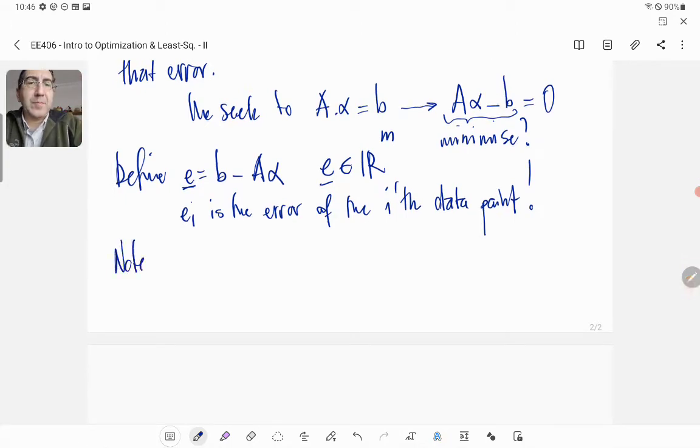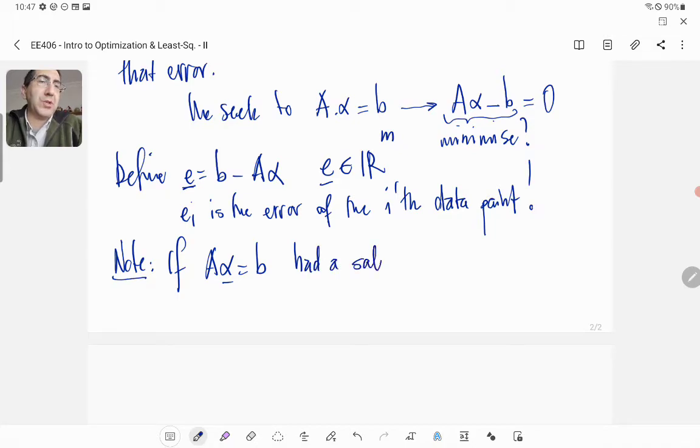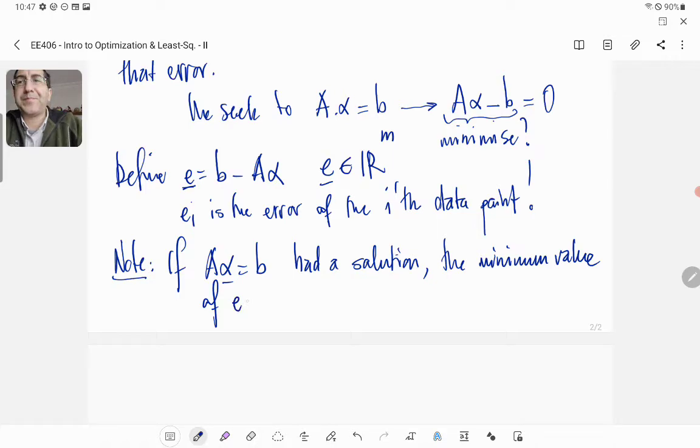Note, if A alpha equals B had a solution, the minimum value of E would be 0.